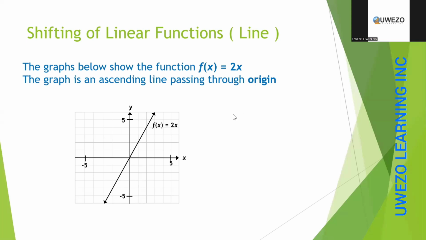Now, let us observe and understand how linear functions can be shifted in the xy plane. So let there be a linear function f of x equals 2x, that is simply a line passing through origin.